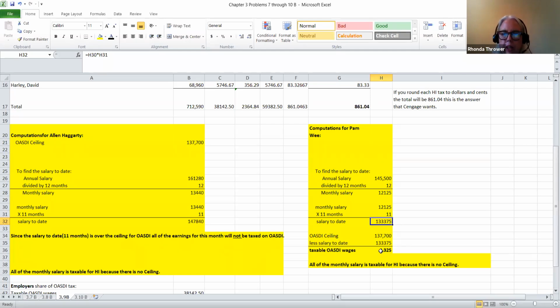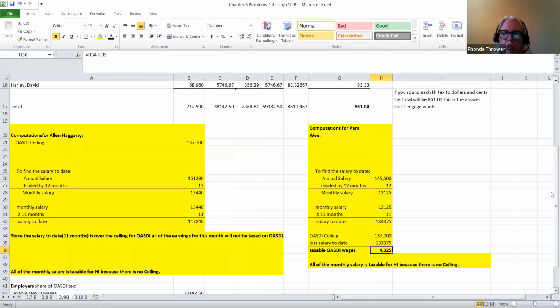And you've got to figure the part of earnings that are subject to the tax. The way we do that is we take the ceiling and subtract from it our salary to date at 11 months, and that will give us the amount of wages that are taxable for OASDI.